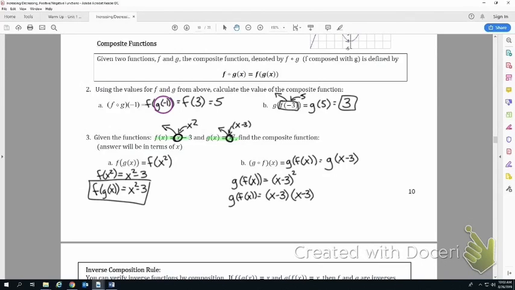If I'm multiplying those two things, what is that process called? Does anyone remember that? Multiplying two binomials. Well, we're squaring them.